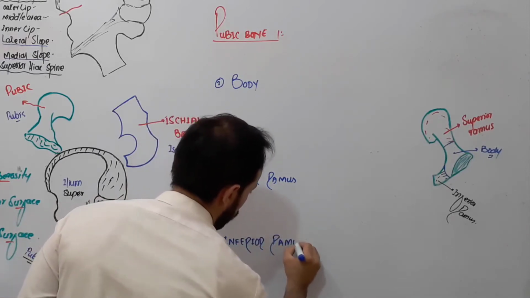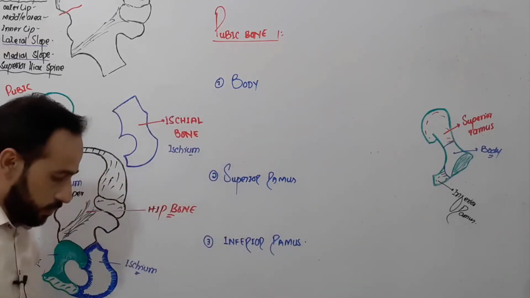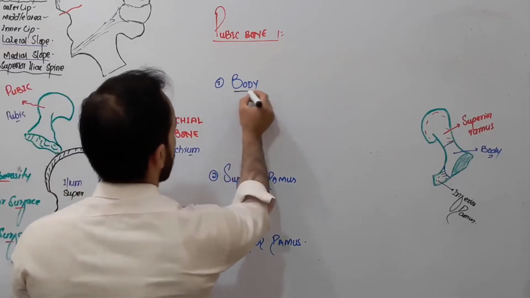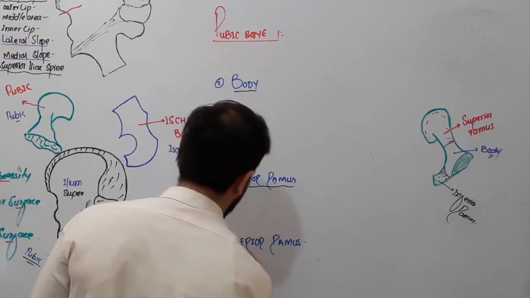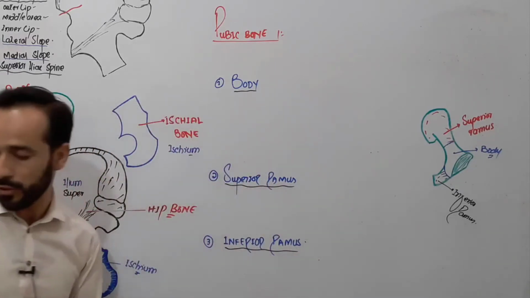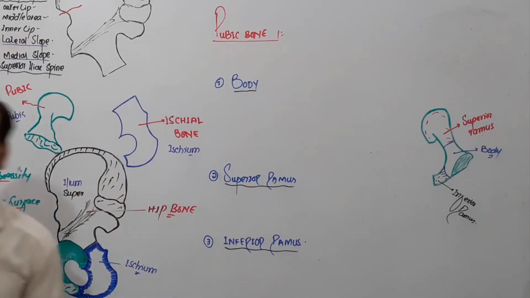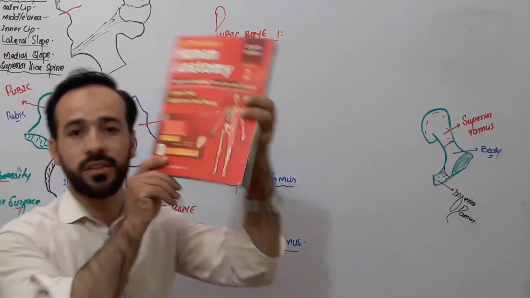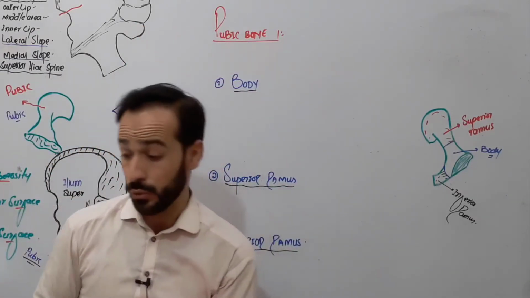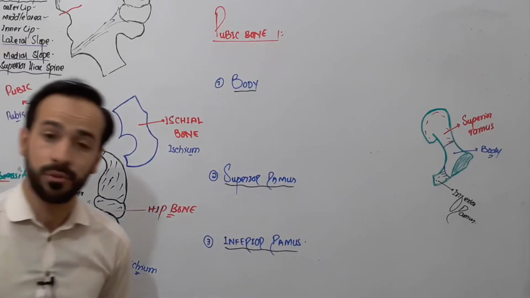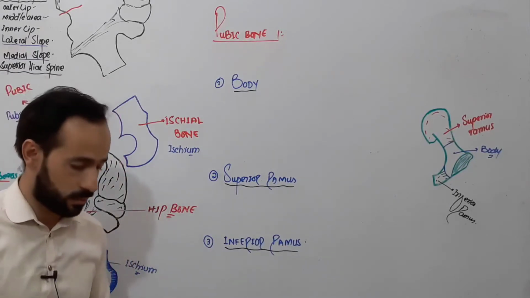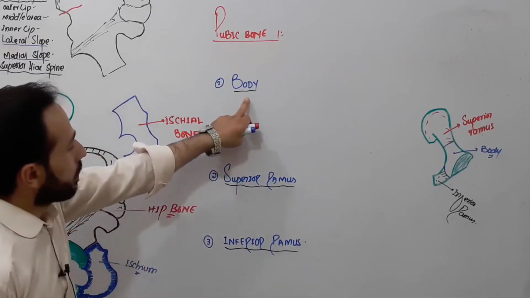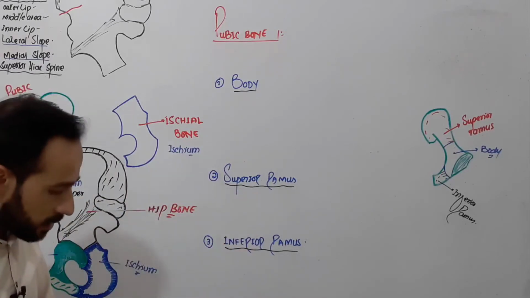These three are the most important parts of this pubic bone, and we have some very good books, but the one which I like the most, as you will see in my hand, Beauty, the most beautiful book which writes everything about the human body. So the body, the superior ramus and the inferior ramus.